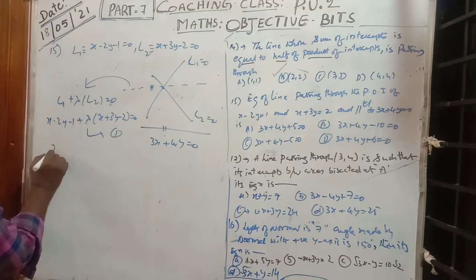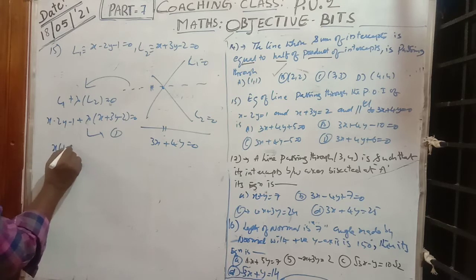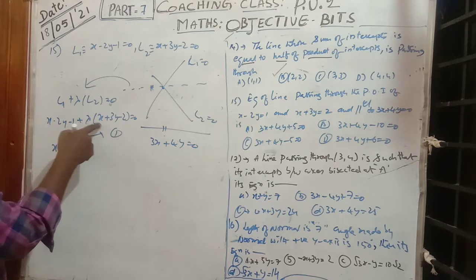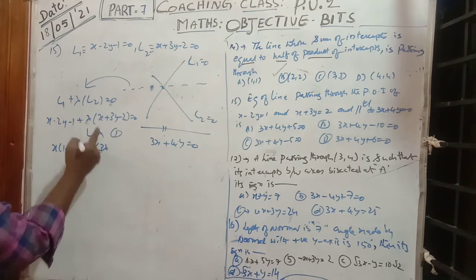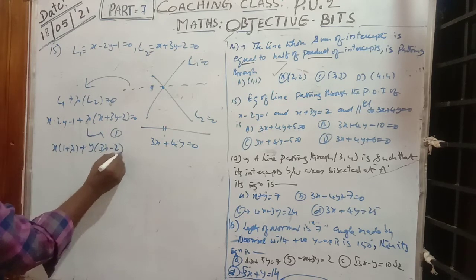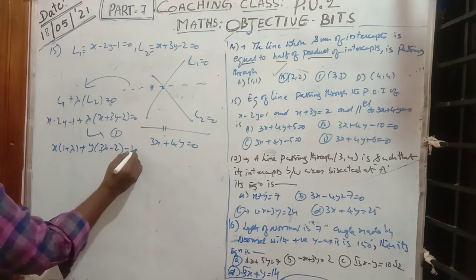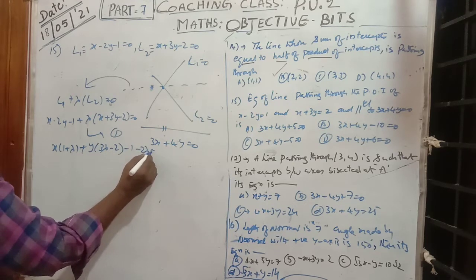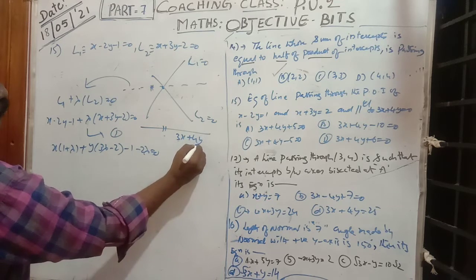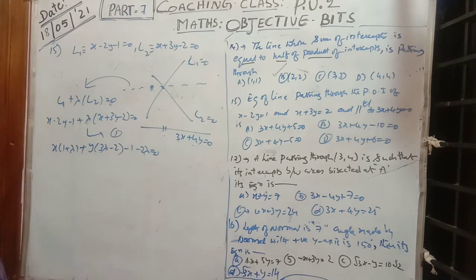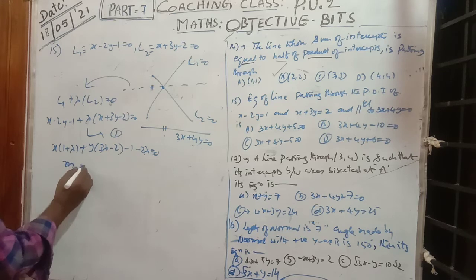That is x of 1 plus lambda, plus y of 3 lambda minus 2, minus 1 minus 2 lambda is equal to 0. What is the slope?